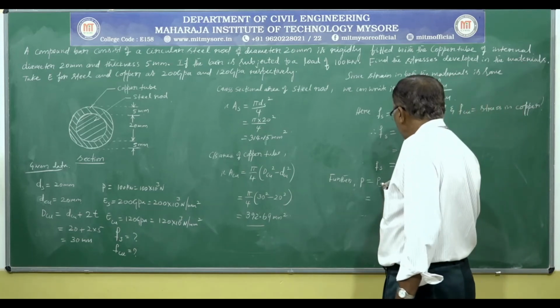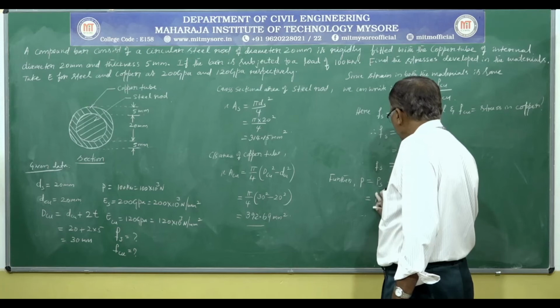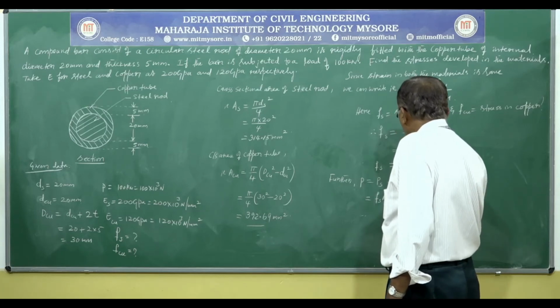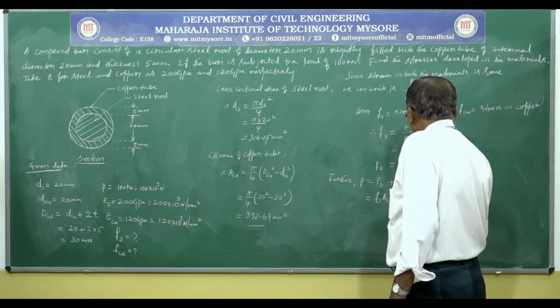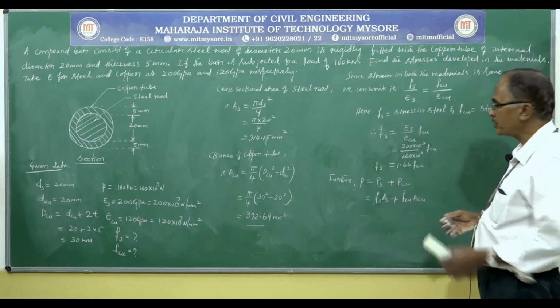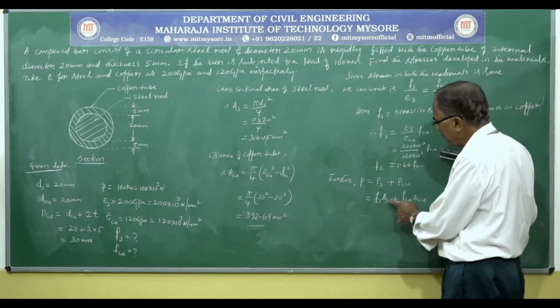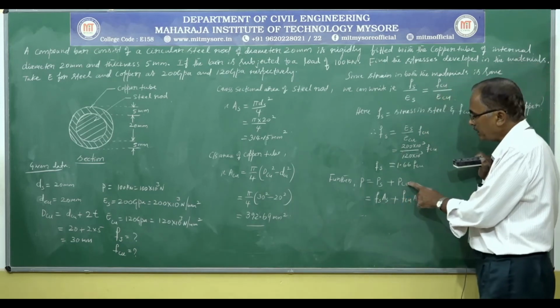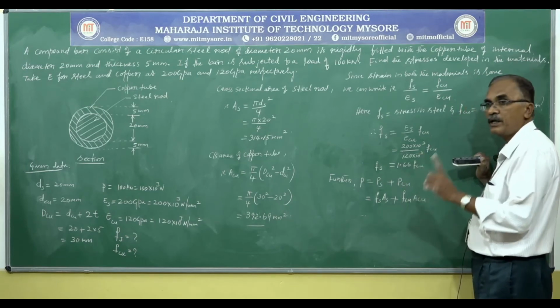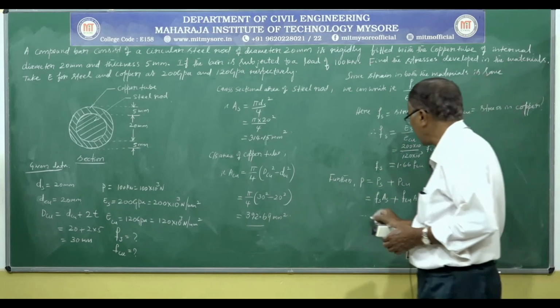This can also be written as Ps is nothing but Fs As plus Fcu Acu. So load received by steel is equal to stress into cross sectional area, and load received by copper is equal to stress in copper multiplied by cross sectional area of the copper.